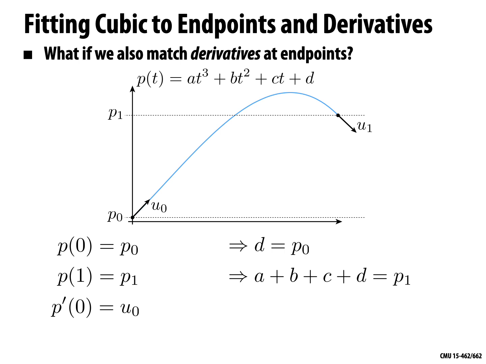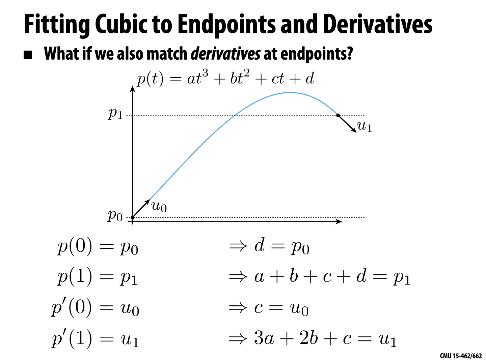That's the constraint we want. We want the derivative at time 0 to be equal to u naught, and we want the derivative at time 1 to be equal to u1. Okay? Well, the only thing that remains if we set t to 0 is c, and so that's the same as saying c equals u naught. The only thing that remains if we set t to 1 is 3a plus 2b plus c. We want that to be equal to u1.